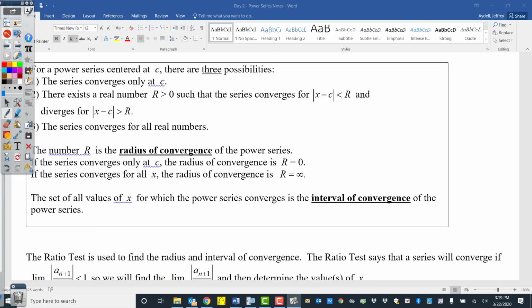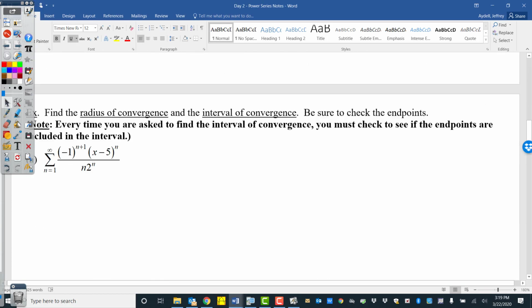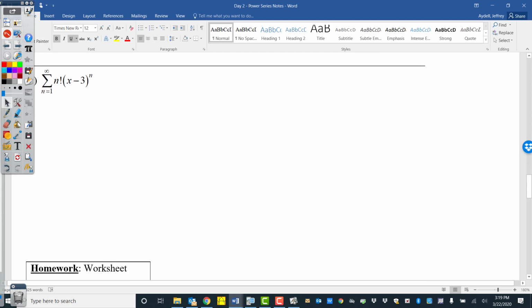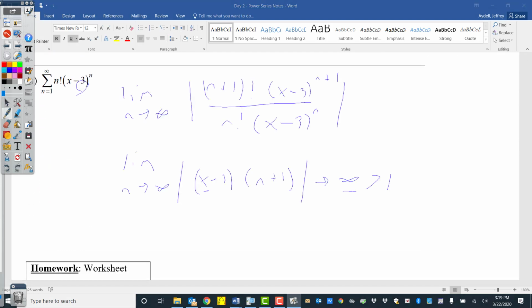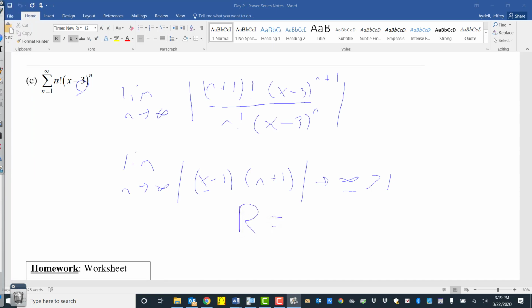So, let's look at how we'll write this answer. Because it only converged at c, our radius is going to equal 0, and we will not have an interval of convergence for this one. There's nothing to check.